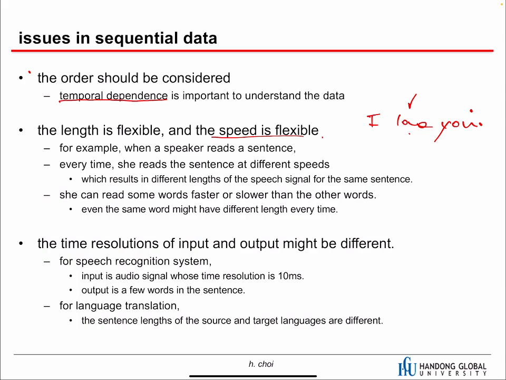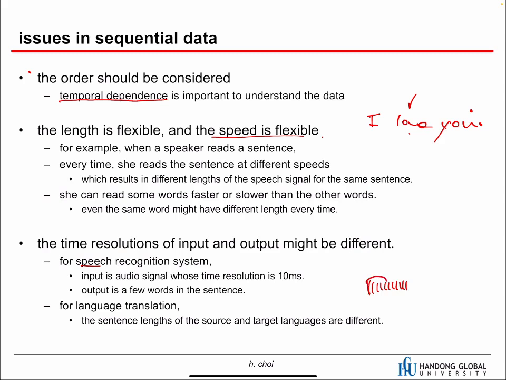And the time resolution of input and output might be different. So for example, in a speech recognition system, we have audio signals every 10 milliseconds, and then we have to recognize the phonemes, and the phonemes should last more than 10 milliseconds.